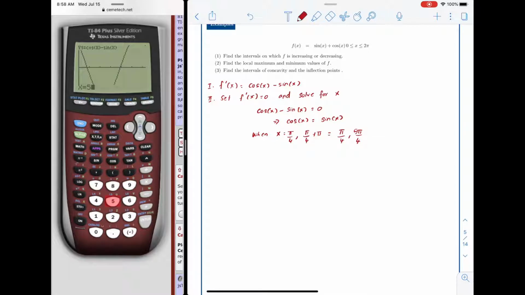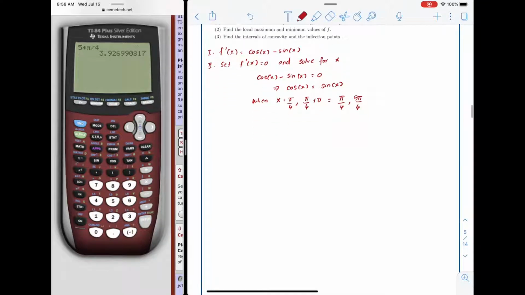And if I did 5 pi over 4, I get 3.9269. So we know the two critical values.